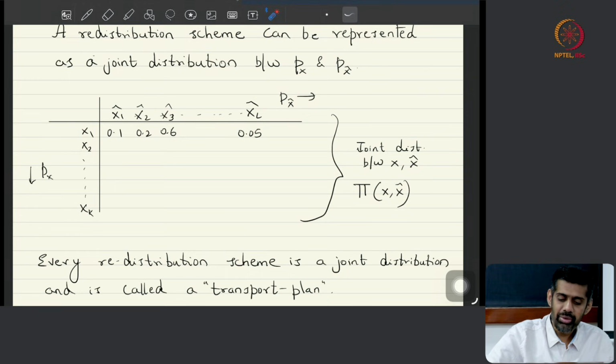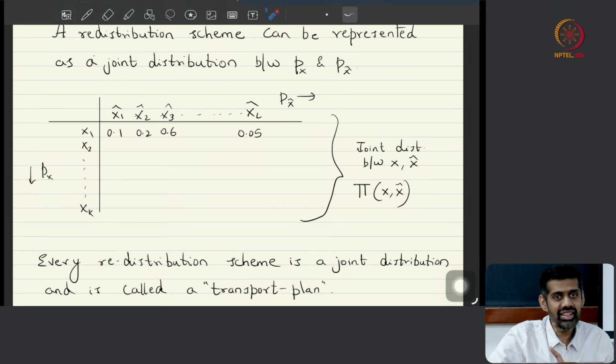Why? Take all the values that Px would take and all the values that Px cap would take. What are you actually doing? You take some mass from Px and put it at different other places so that it gets converted into Px cap. And you can do it in multiple ways at every support point of Px, isn't it?